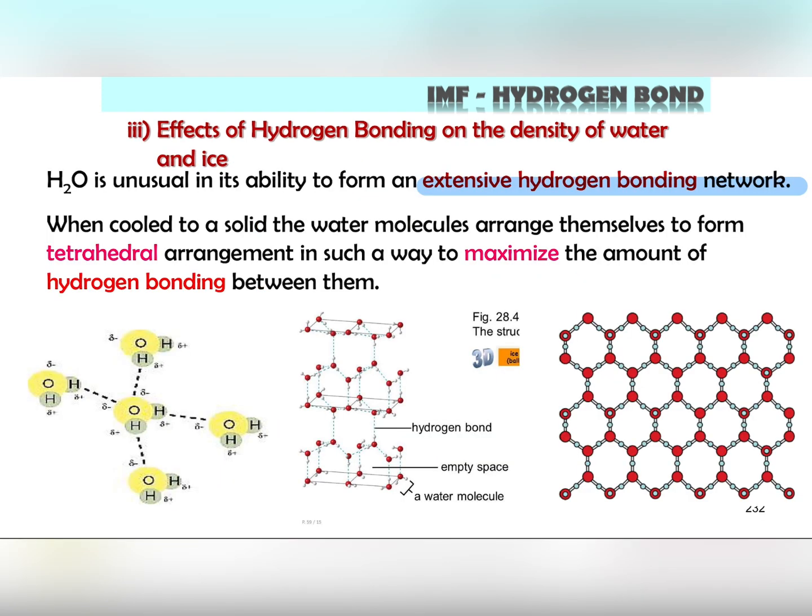So, water molecule, it has the ability to form extensive hydrogen bonding network. So, let's say if you have liquid water, when it is cool to form solid, so the water molecule will arrange themselves. So, satu water molecule akan arrange themselves with another water molecule. So, dia akan buat hydrogen bond dengan molekul-molekul yang lain, yang di sebelah lah.